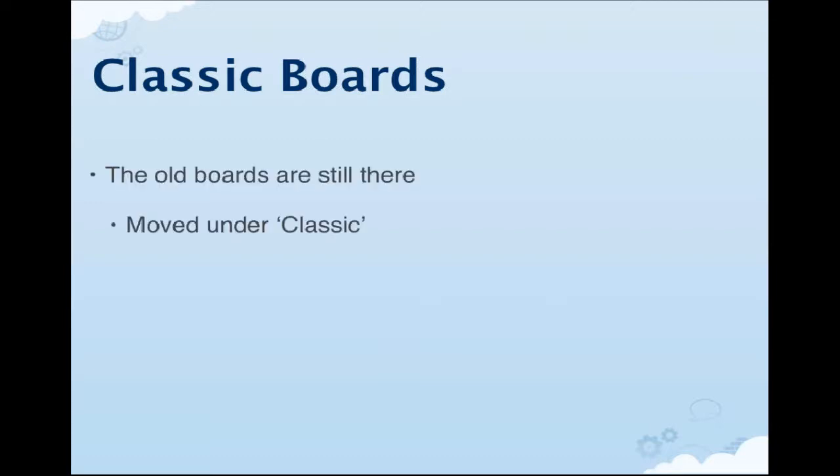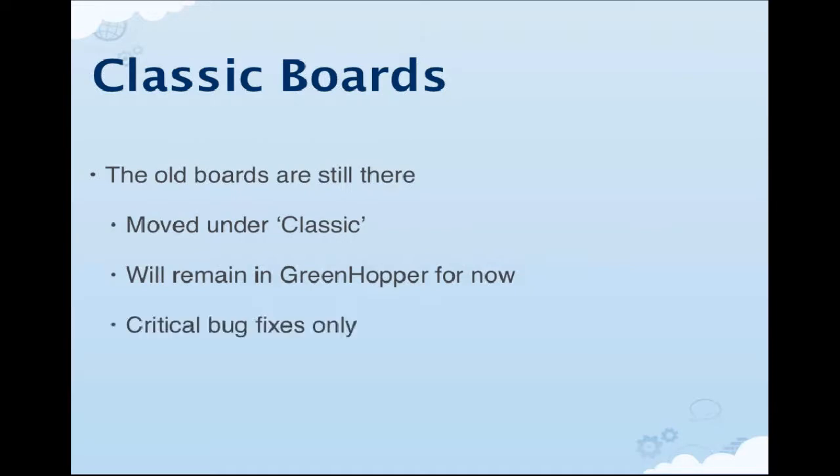The classic boards are going to remain there for the foreseeable future. We don't have any plans to remove them immediately, but we will consistently review these plans. We've moved them under the classic tab, under the Agile tab in GreenHopper 6. They'll only be receiving critical bug fixes from here on in.